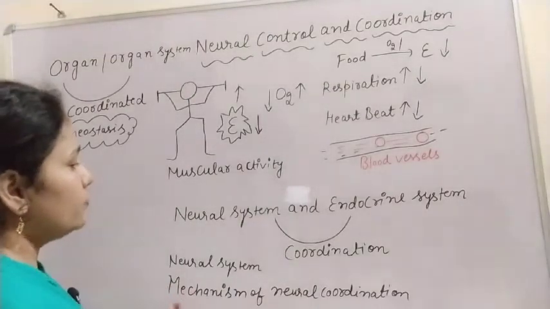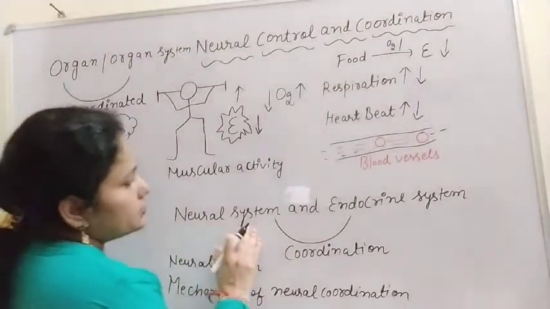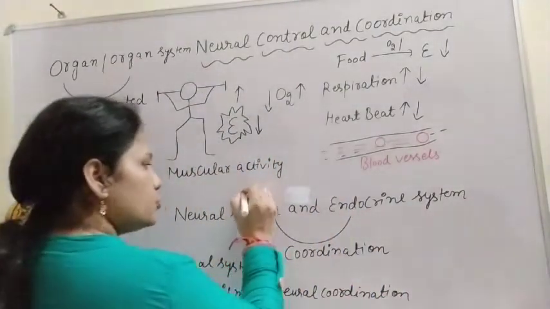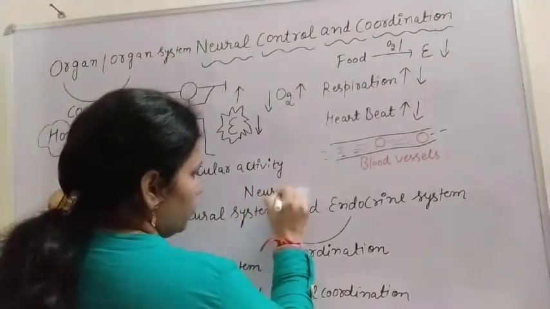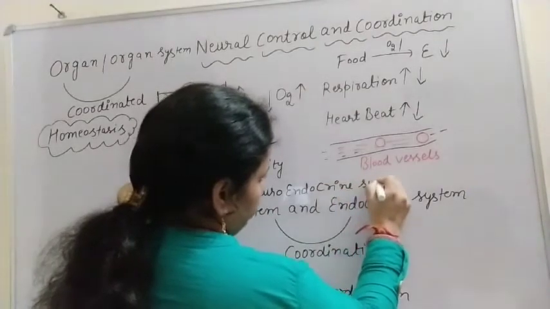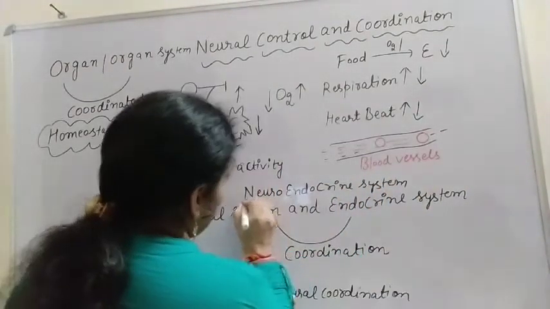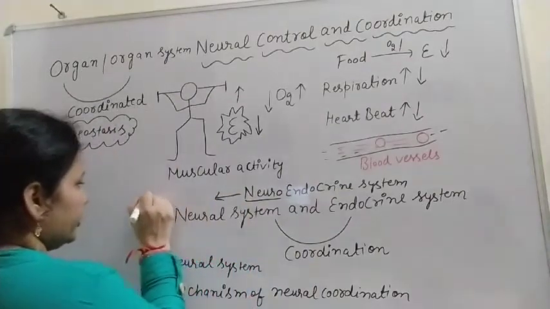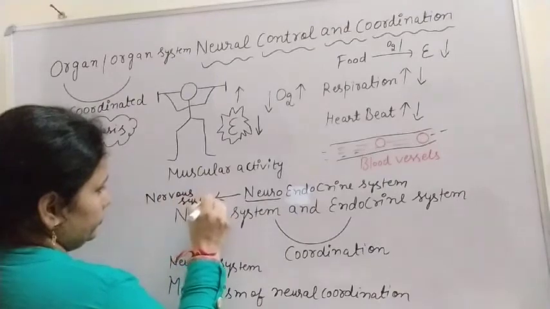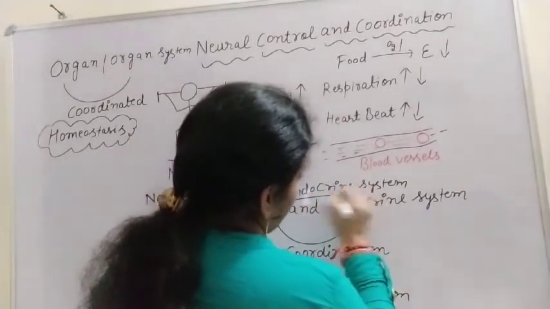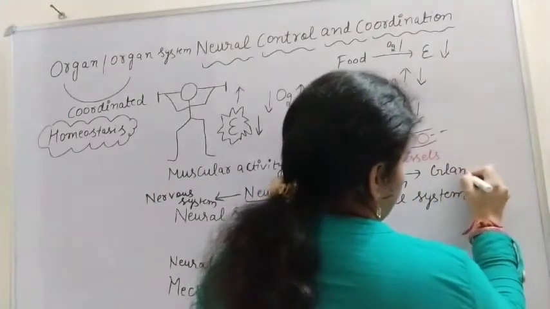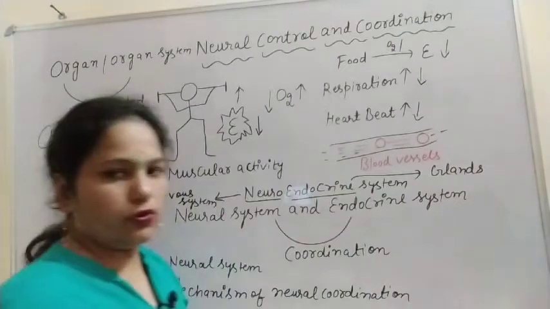So in this chapter we will discuss the neural system and endocrine system. Collectively it is also known as the neuroendocrine system. This word neuro is related to our nervous system, and this word endocrine is related to the glands which release different types of hormones and enzymes.